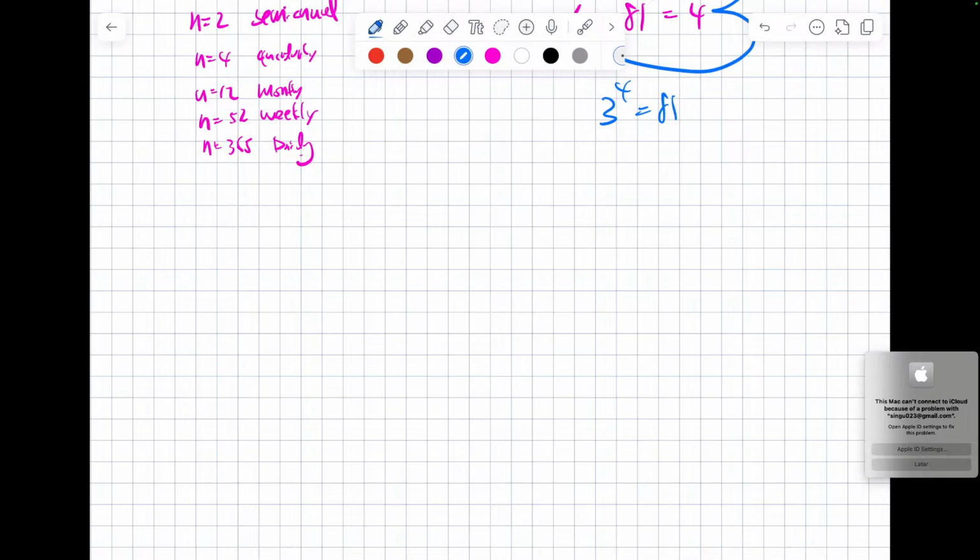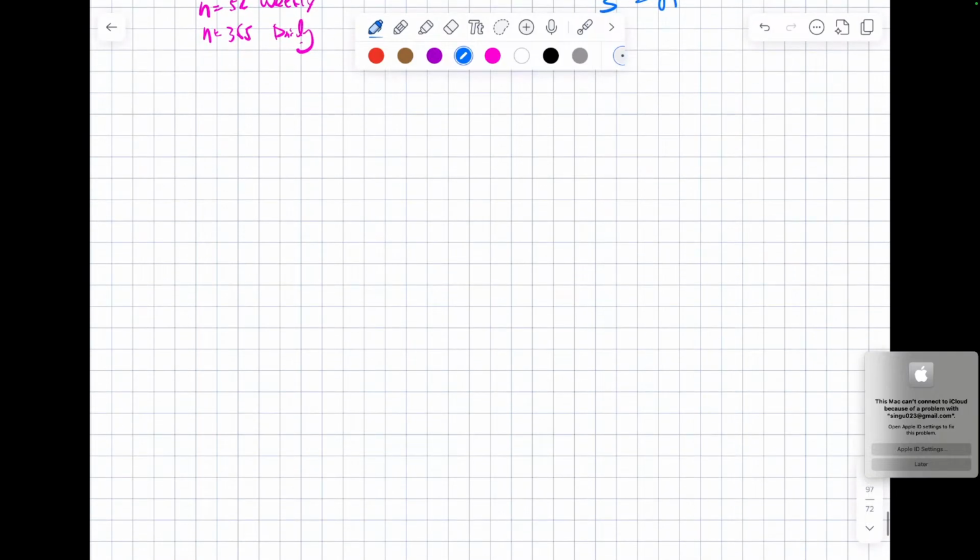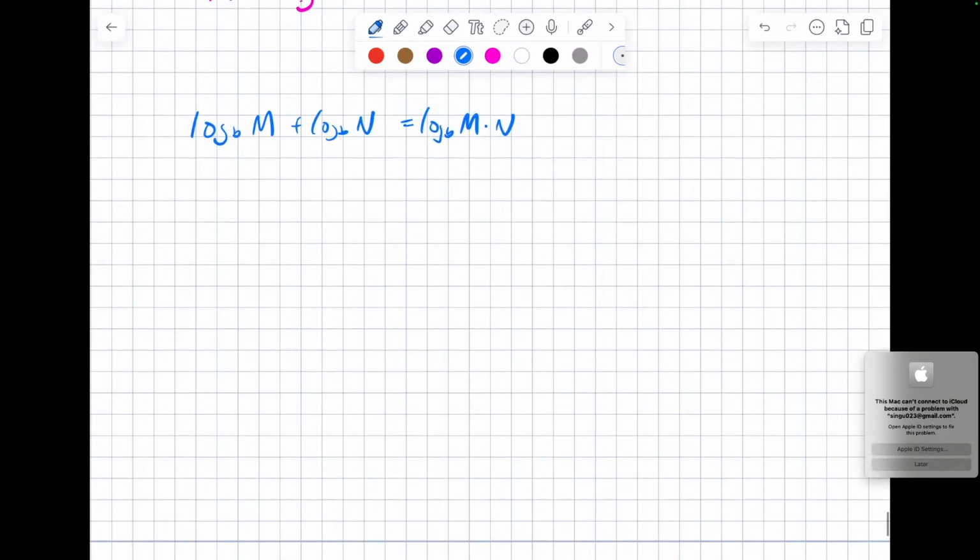So with that being said, you also take into account all the properties. So what are the properties? We have introduced multiple properties. First property is log base b of m plus log base b of n equals log base b of m times n. And this is the one that Jesus taught during the teacher swap day.